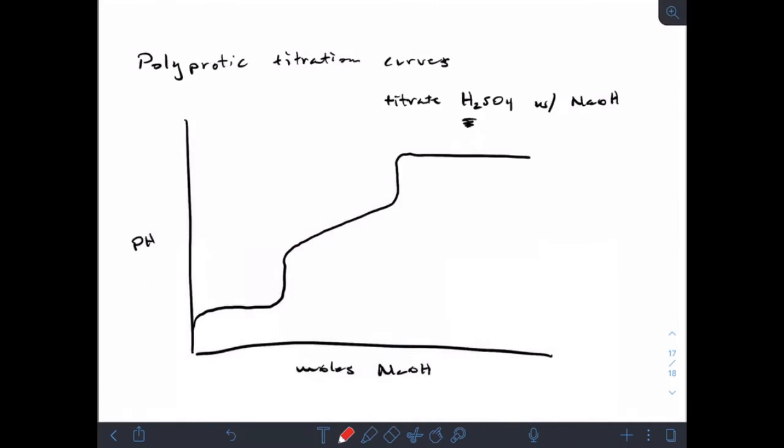All right, so our first equivalence point is right here. And then we have a buffer region, which is a half equivalence point. And we have a second equivalence point.